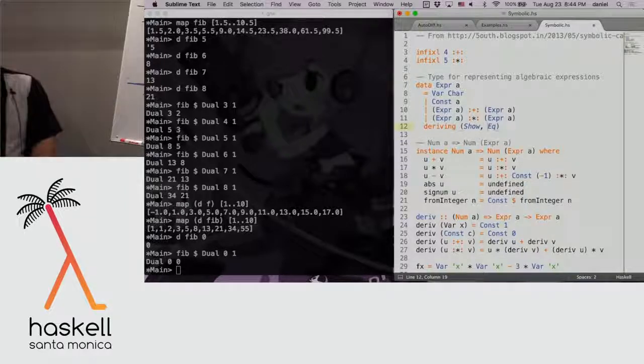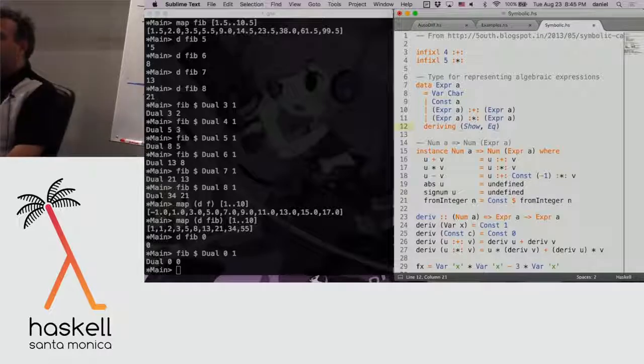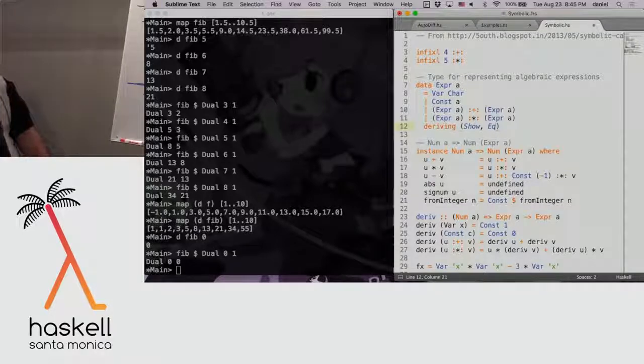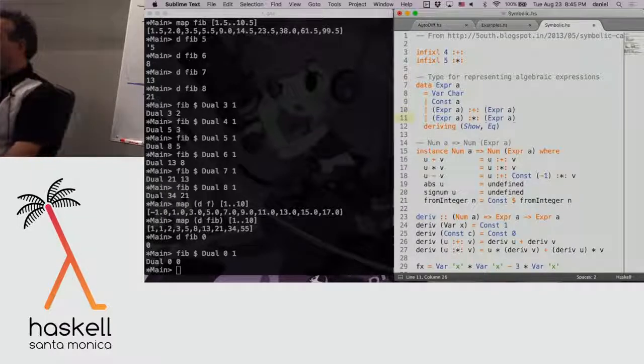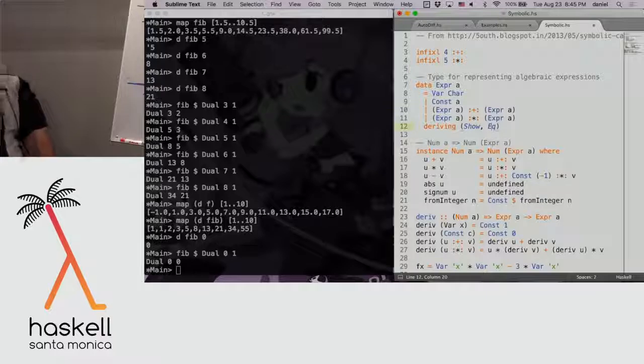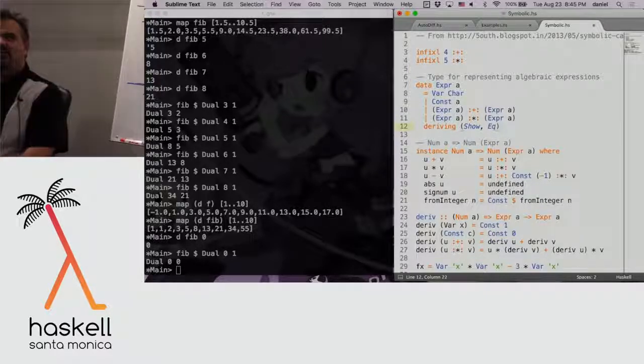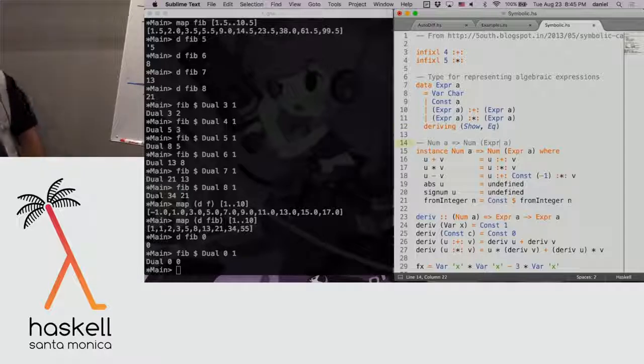Another thing is this Eq. We would really definitely want to write an instance for Eq, because right now, two expressions that are algebraically the same are not going to be detected as being the same with the derived Eq instance. So that's bad. But I just had to put these in here to get the rest of the code below to compile. So those are two code debts I'm taking out.